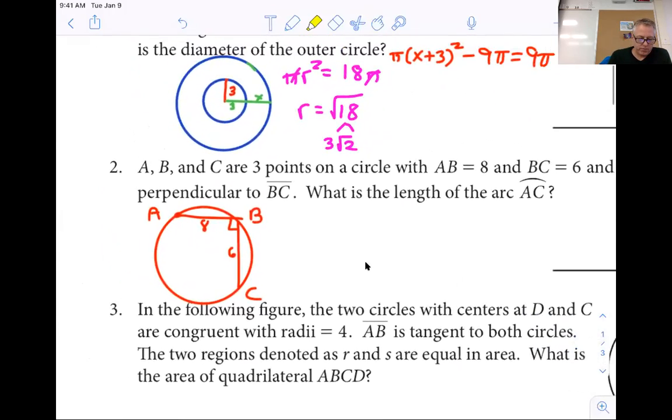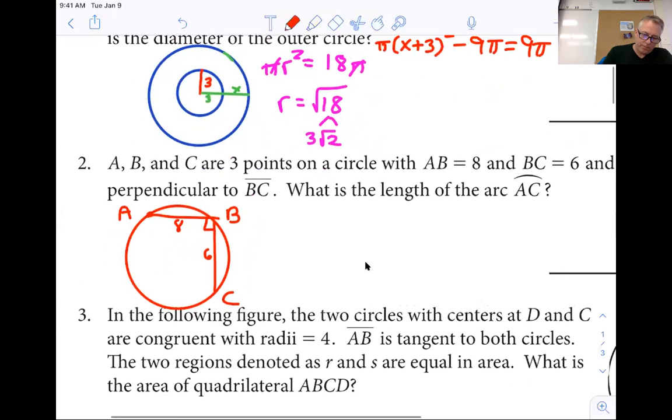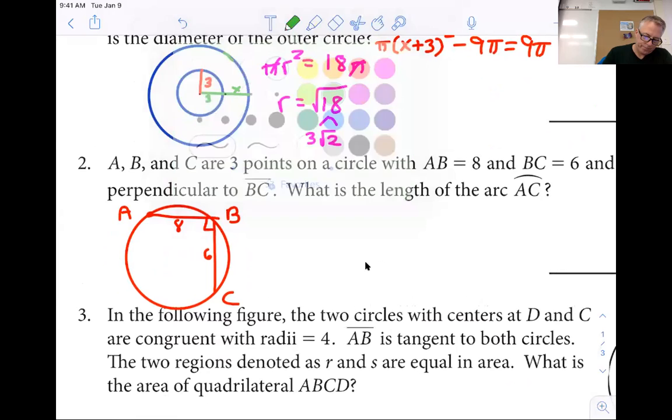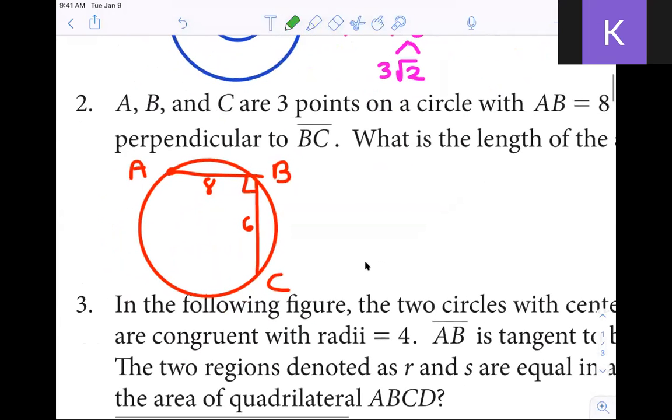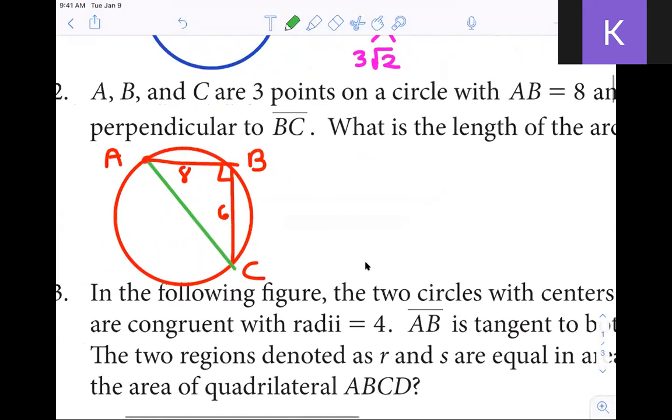All right, let's see if we got any ideas on this one. What I did is I made a line from A to C, because that's the diameter of the circle. Whoa, hold on now. How do you know it's the diameter? Because there are 3 points on a circle, and B is a right angle and AB is perpendicular to BC.